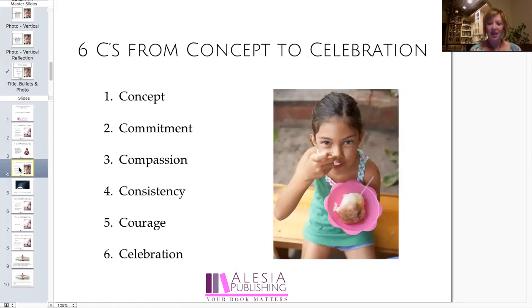The first one is your concept. It's the idea that you have. If it is your story and it is already in your mind, in your body, you are thinking about it, you're breathing it, you're waking up, and you have a conversation going on in your head about it, and you are really in the book.